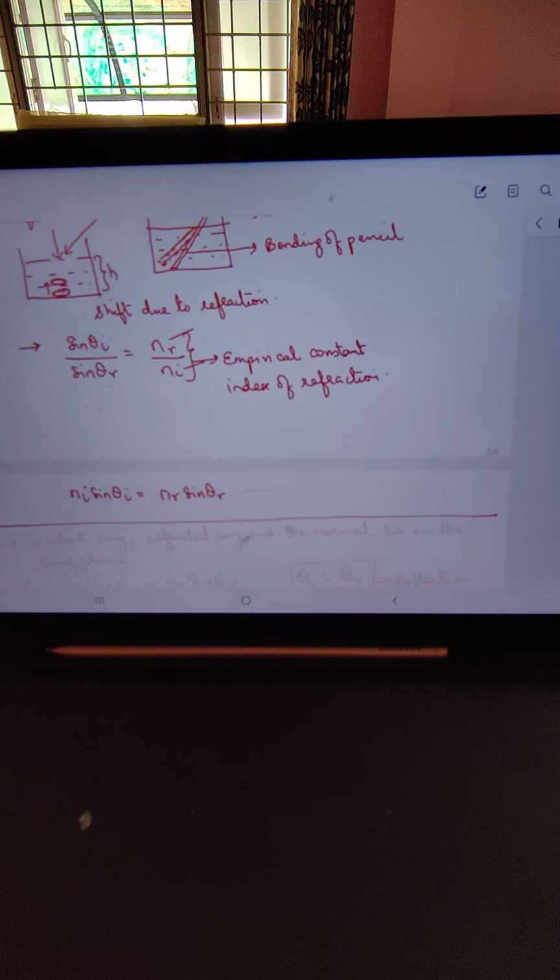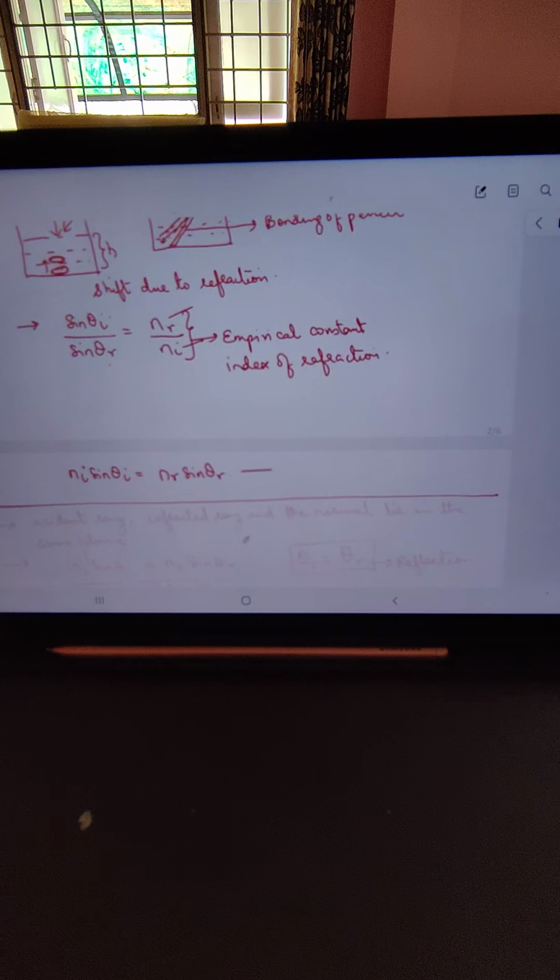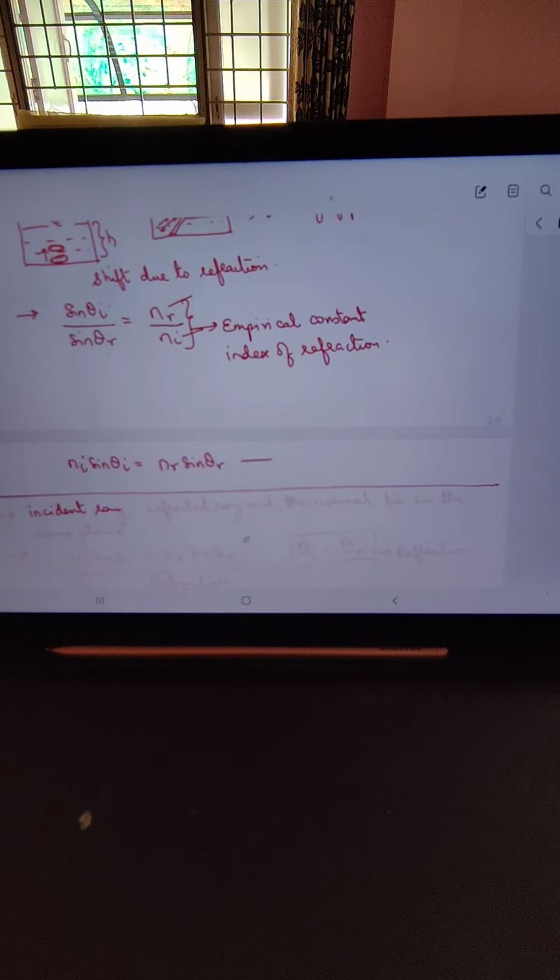So this was the law relating it, and also the first basic premise, which is also there in the law of reflection, is that the incident ray, refracted ray and the normal lie in the same plane.